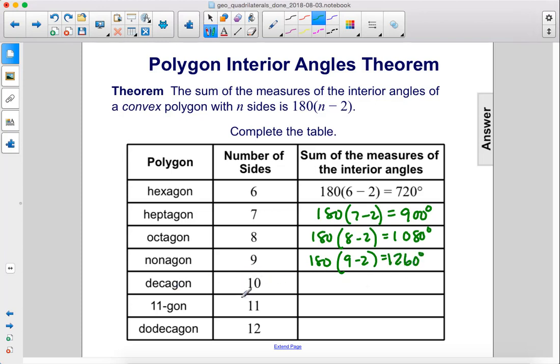A decagon has 10 sides, so that would be 180 times 10 minus 2, which is 1440 degrees. An 11-gon with 11 sides would be 180 times 11 minus 2, which is 1620 degrees. And a dodecagon with 12 sides would be 180 times 12 minus 2, which is 1800 degrees.